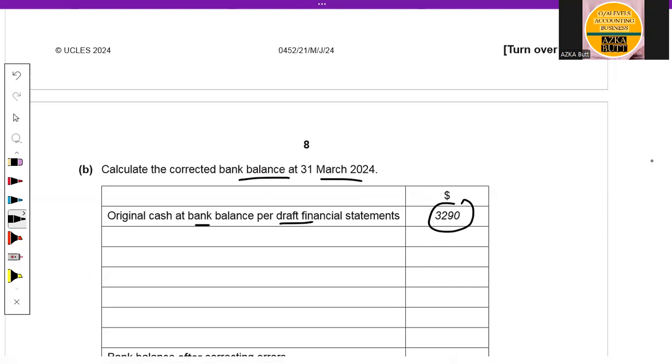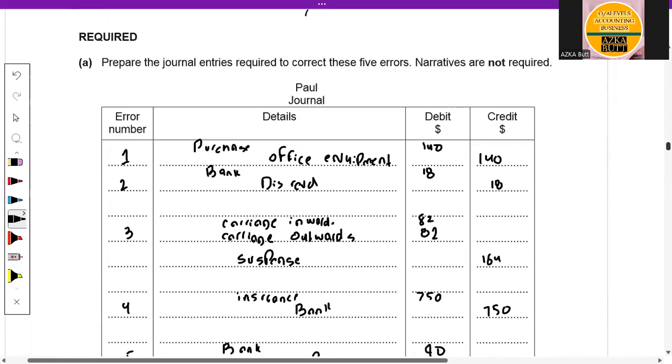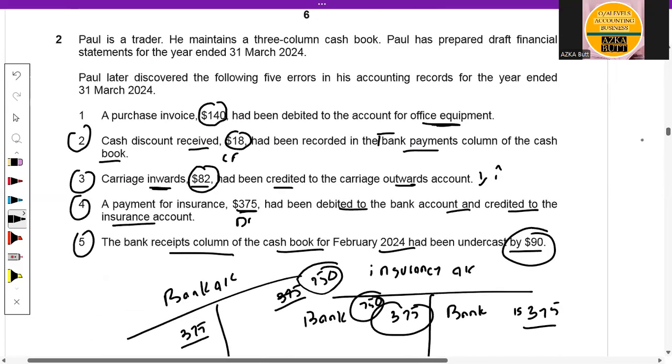If you see, error 2, error 4, and error 5 are related to the bank account, meaning the bank column. So we will be rectifying errors 2, 4, and 5 to find the corrected bank balance.